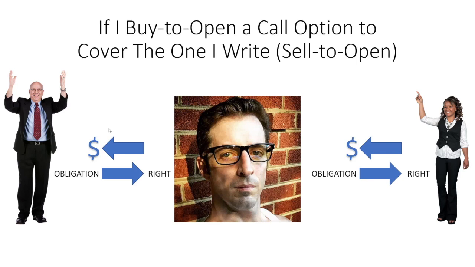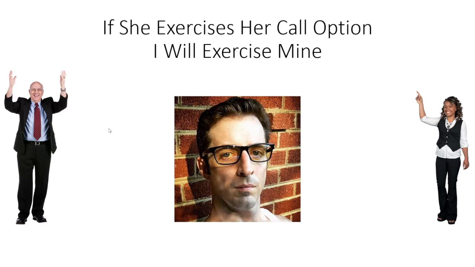Okay, so let's talk about what happens if my buyer comes a knockin'. If my buyer exercises their call option, I'm going to exercise mine. So first the buyer comes and says, hey, I want to exercise my option with you, my call option, so I'm going to give you some money.